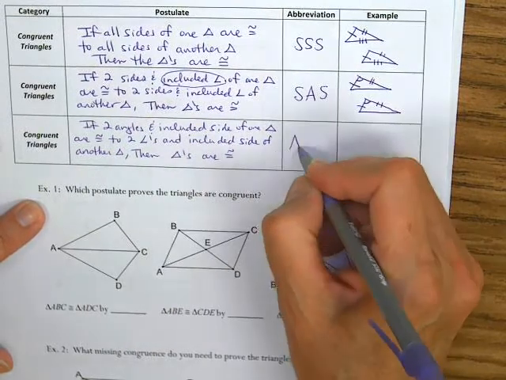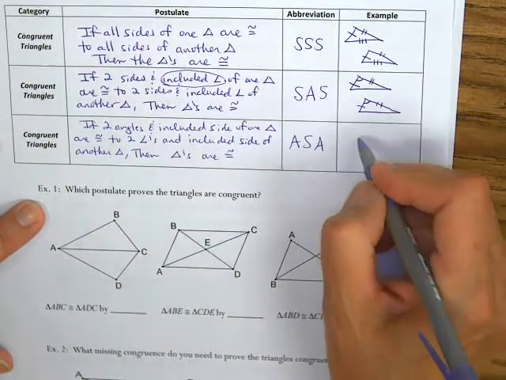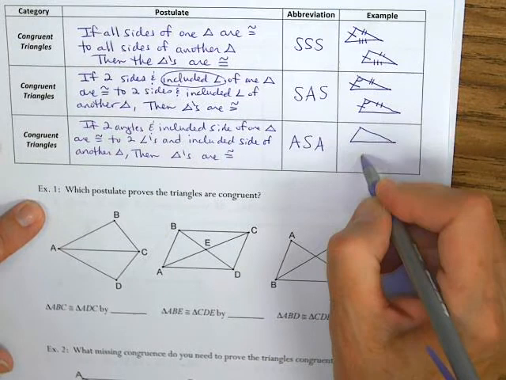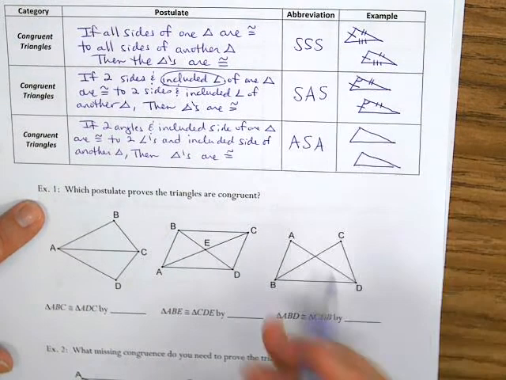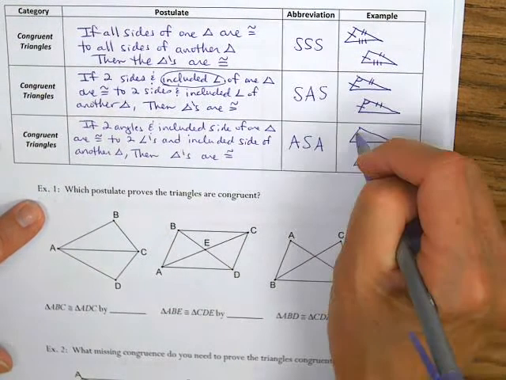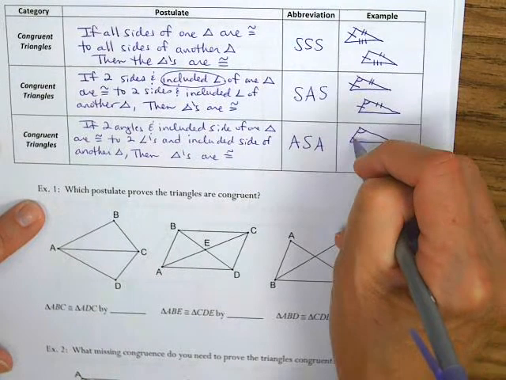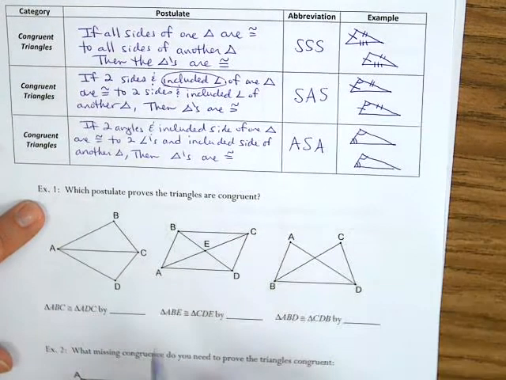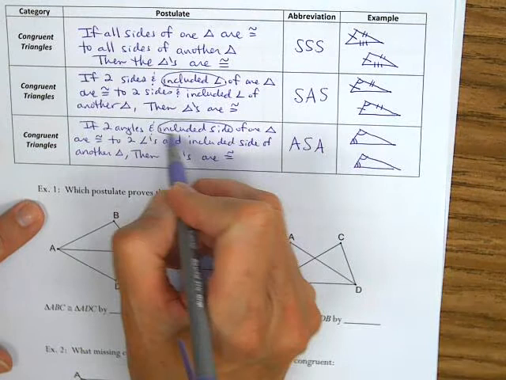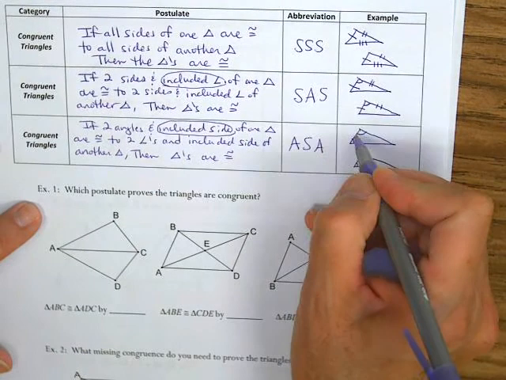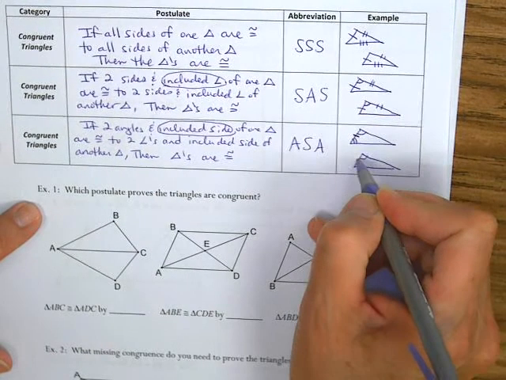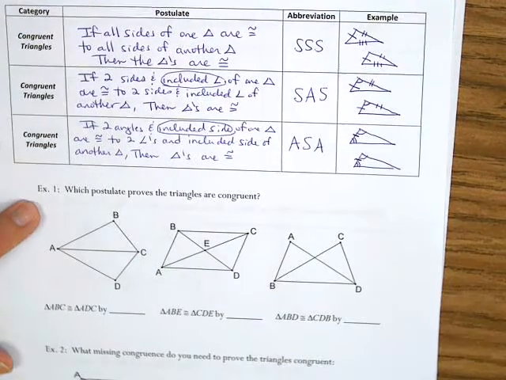So that's the one we called angle side angle. So to keep the picture simple, this time I have to have two angles. So let's mark two pairs of angles congruent, right? And it has to be the included side that we have. So that would have to be this side right here. That's the one that's included between the angles.